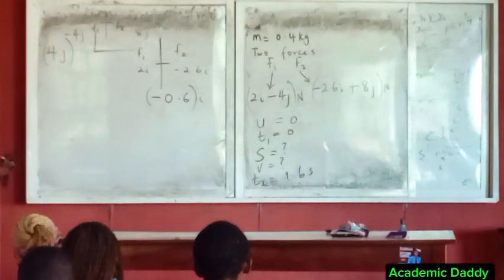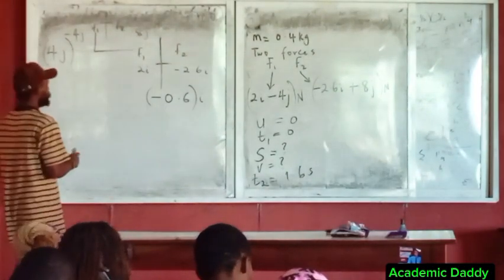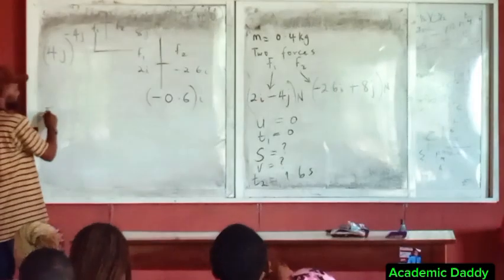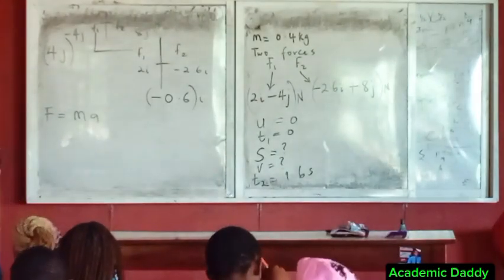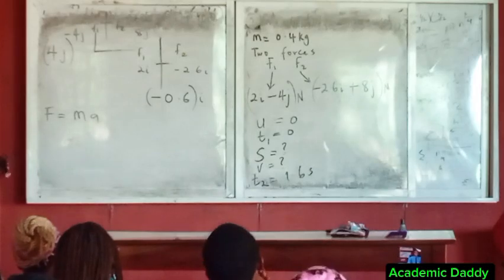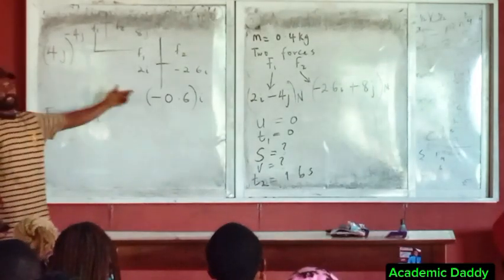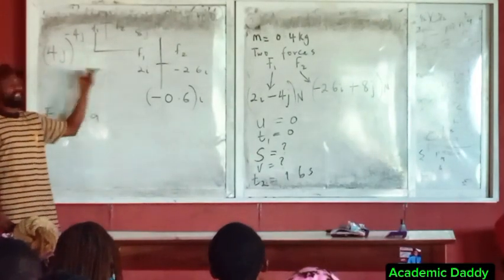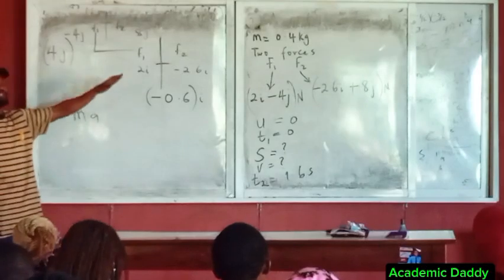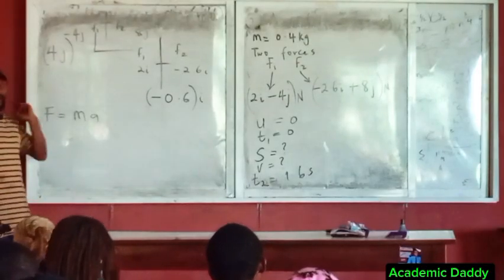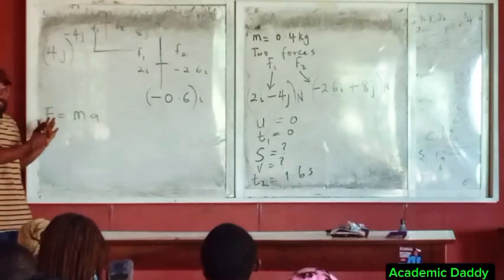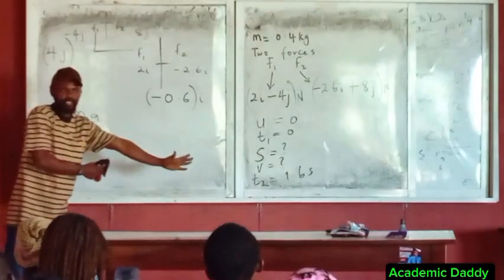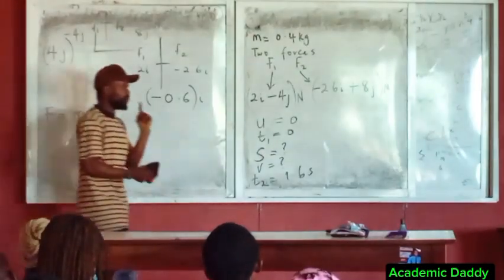Now the next thing they're asking us, first of all, we know that force is equal to ma, should be? So there are two ways I can solve this. At this point, I can actually get the resultant, so that I solve this using Pythagoras. But before I do that, I have to first of all get its position on the x-axis, its position on the y-axis.